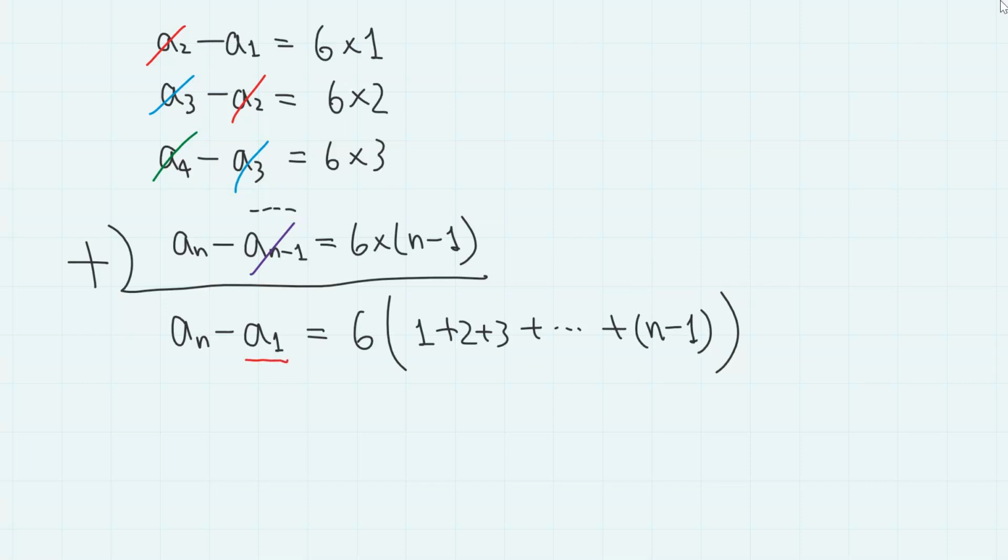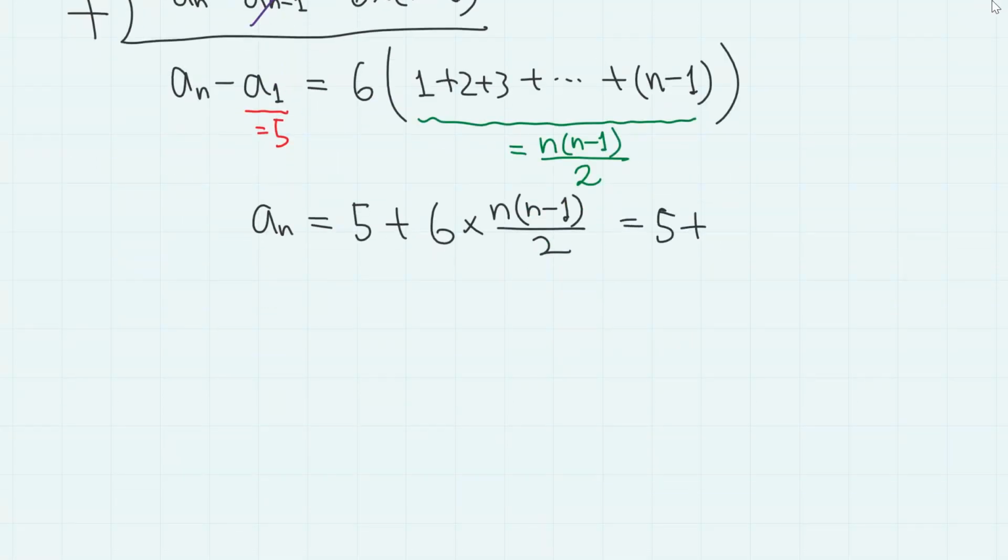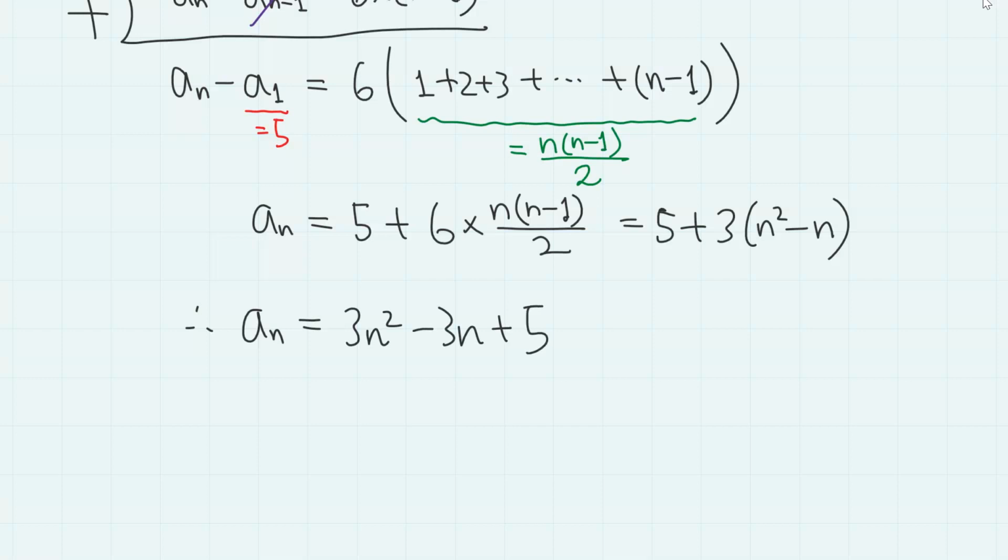Here, it is given that a1 equals 5, and using the formula for the sum of natural numbers, we have an equals 5 plus 6 times n(n minus 1)/2, which is 5 plus 3(n squared minus n). So we have an equals 3n squared minus 3n plus 5. And this is the answer.